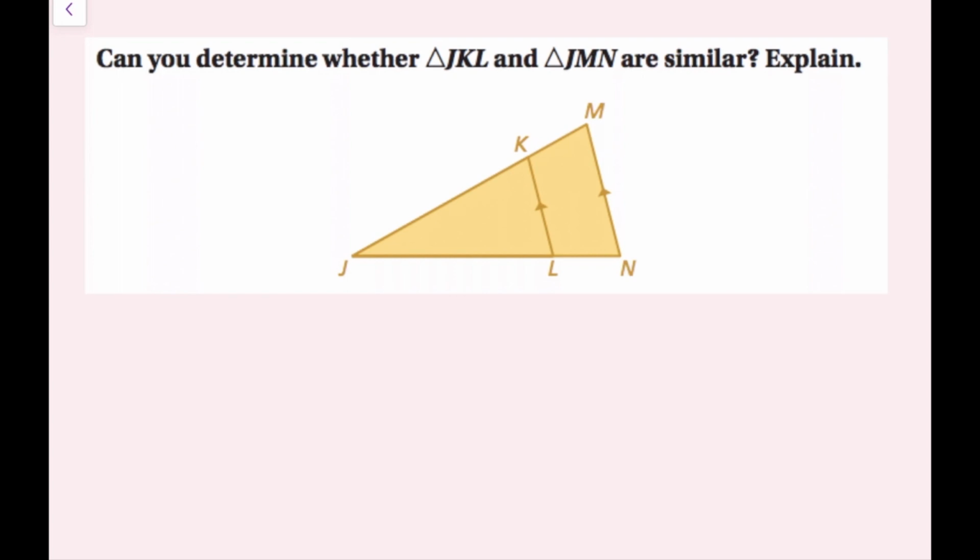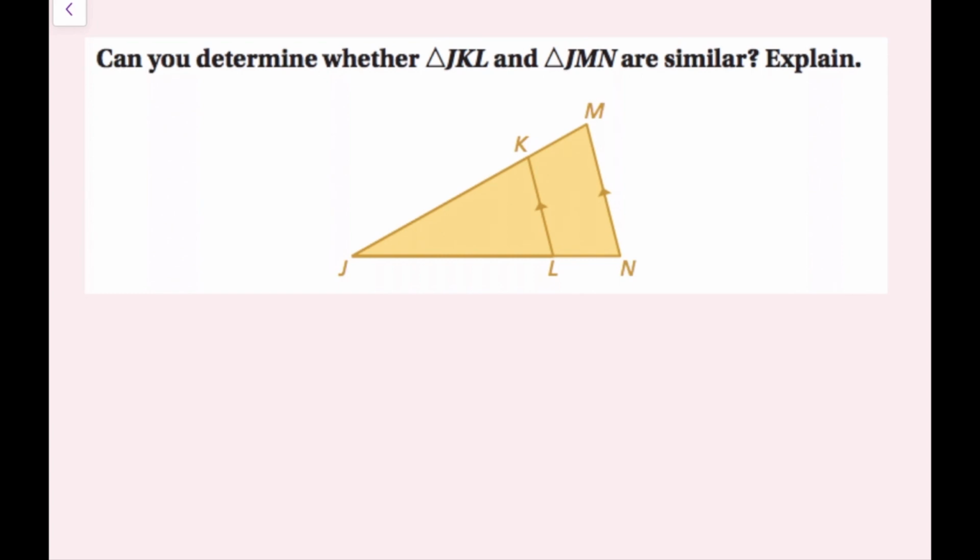For this example, we want to determine whether triangle JKL and triangle JMN are similar. And we have to explain. So JKL is one of our triangles, this smaller triangle, and then we see JMN as our other triangle. So remember, we need two pairs of congruent angles in order to determine whether or not they're similar.